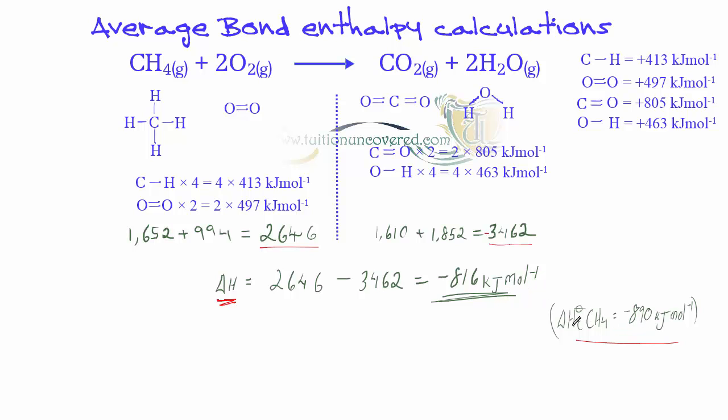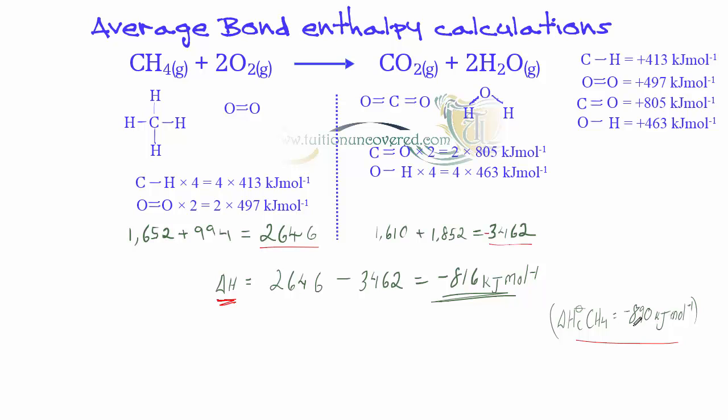This, however, is the actual value for the combustion of methane because it refers to the balance of energy going in and out, energy going in to break these bonds, energy coming out when reforming these, specific for just these compounds, just these molecules, just this reaction. So, energy going in to break methane and 2 oxygens, energy coming out to reform CO2 and 2 H2O, the balance between them is this value.